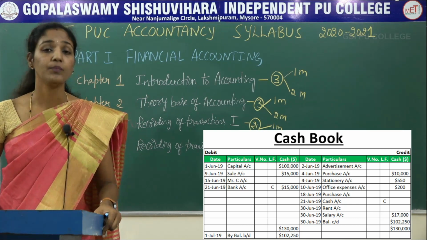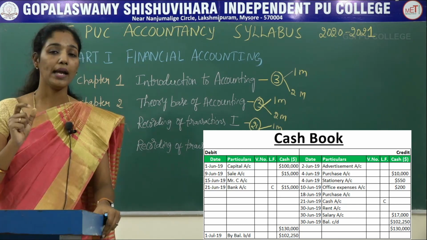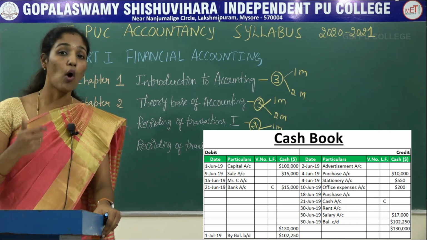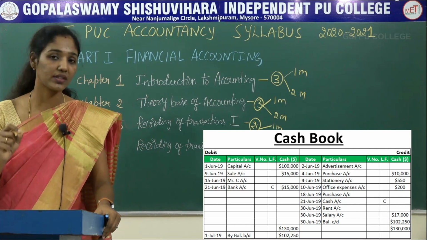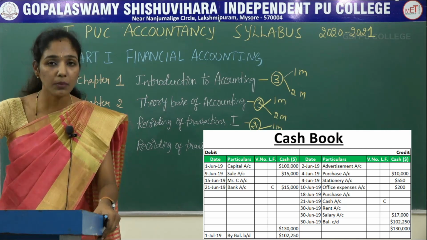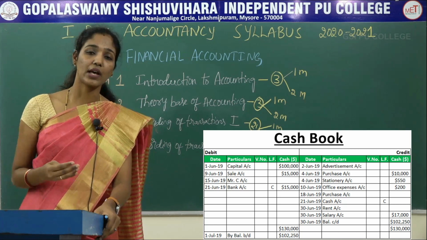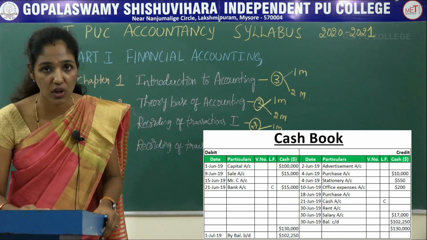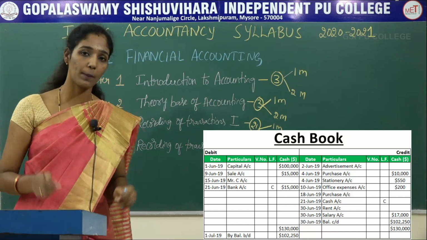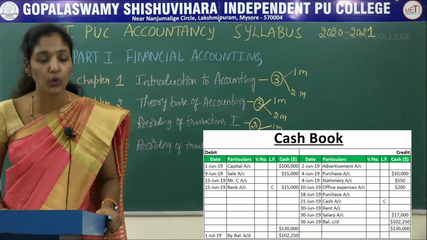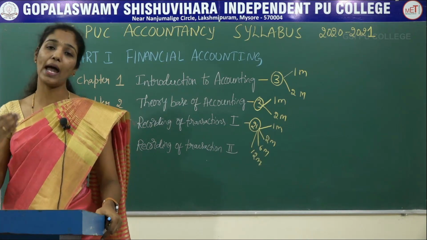For example, all the cash transactions are recorded in one book called cash book, the sales book is used to record all the credit sales transactions, and all the credit purchase transactions are recorded in another book called purchase book, because many of the business transactions are repetitive in nature. We cannot record all the transactions in one book.